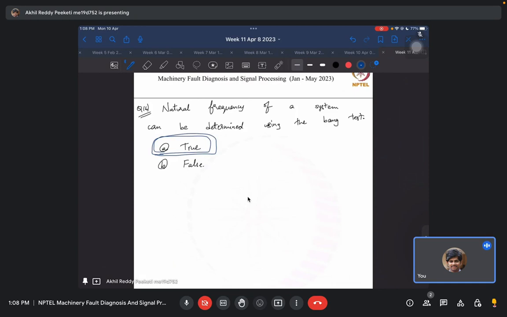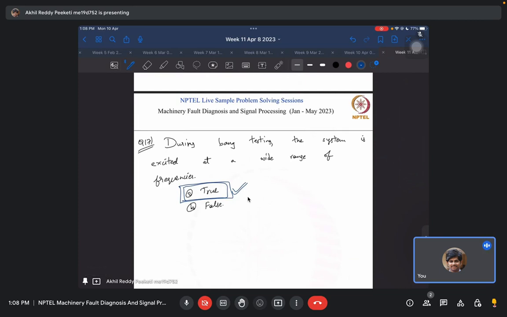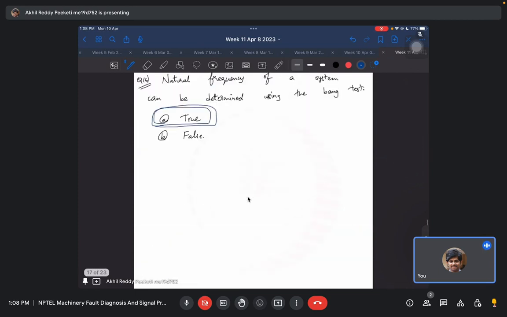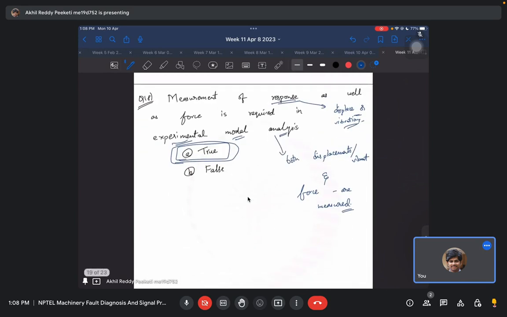And if you are using a bump test, you can determine the natural frequency. In the bump test the system gets excited at a wide range of frequencies, so the amplitude will be maximum at its natural frequency, and that's how you can estimate the natural frequency. In experimental modal analysis, you measure the force as well as the response, or the displacement or vibrations.